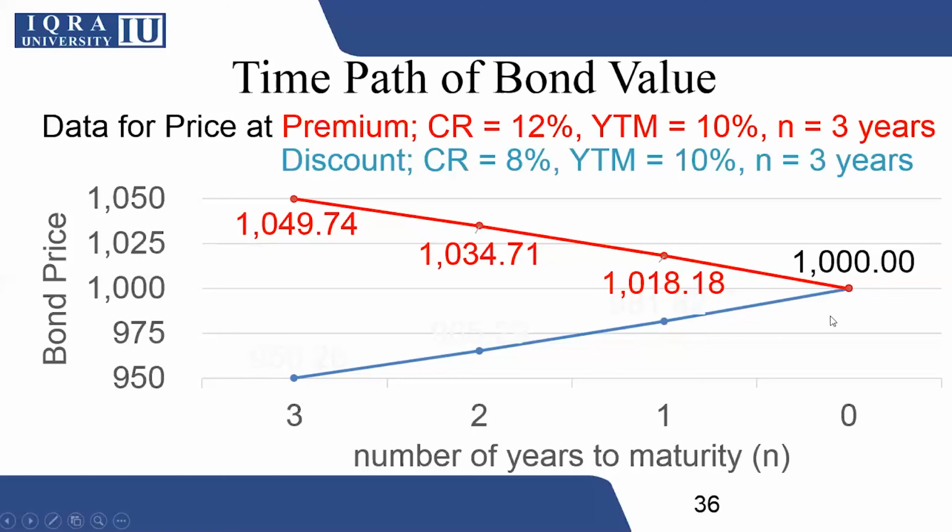It means that if we assume the investor required return is not changing, then the price behavior will automatically either increase or decrease depending on the situation and will reach 1000 at the time of maturity. So in case of premium, prices will come down. In case of discount, the price of the bond will gradually go up and will reach 1000.